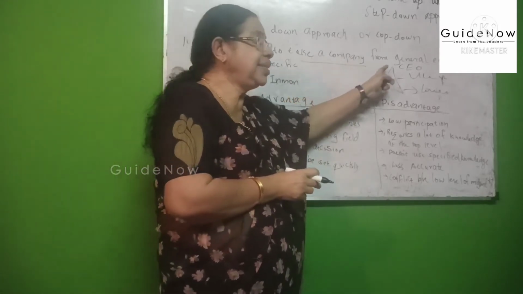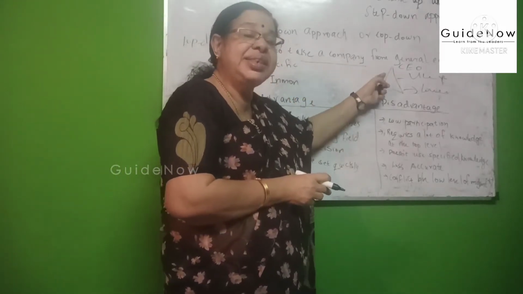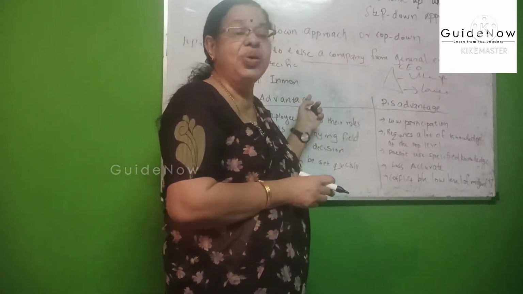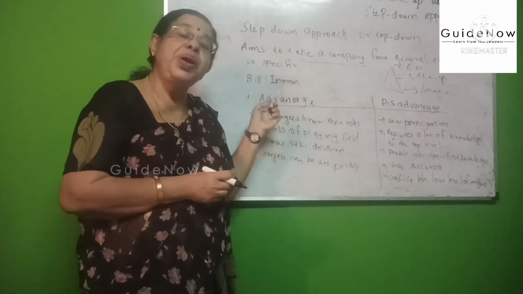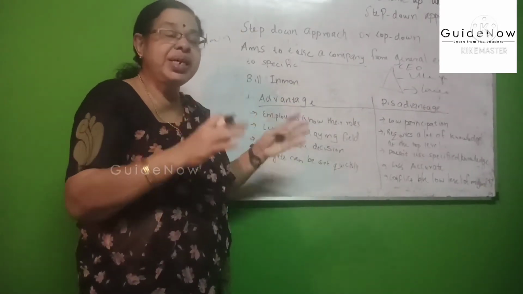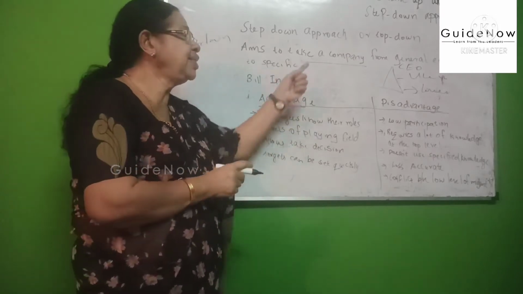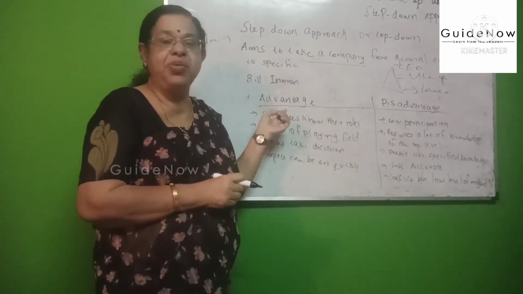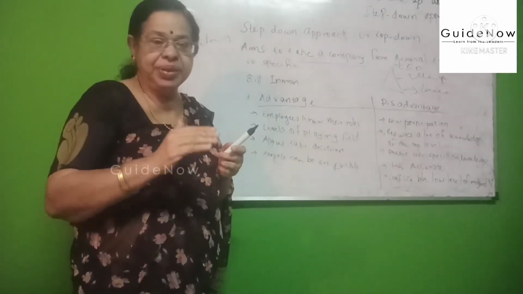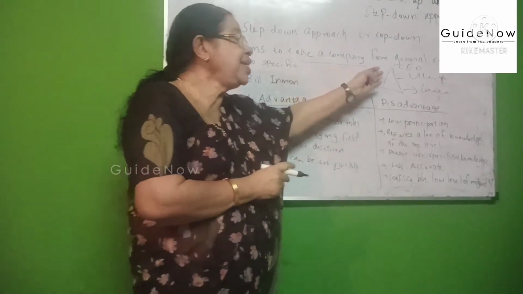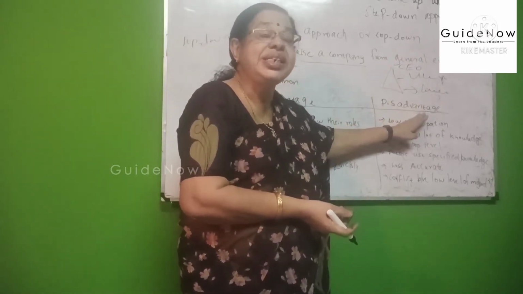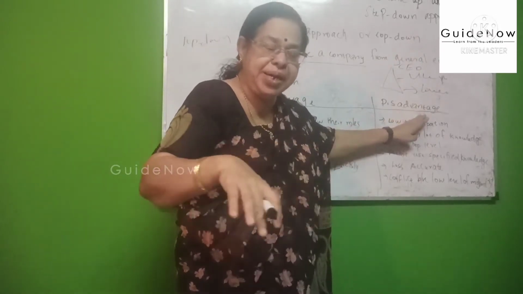Thus a decision moving from general to specific is equal to the top down or step down approach. The decision is taken at the top level, then it passes to the subordinates, and finally it reaches the employees at the lower management level.